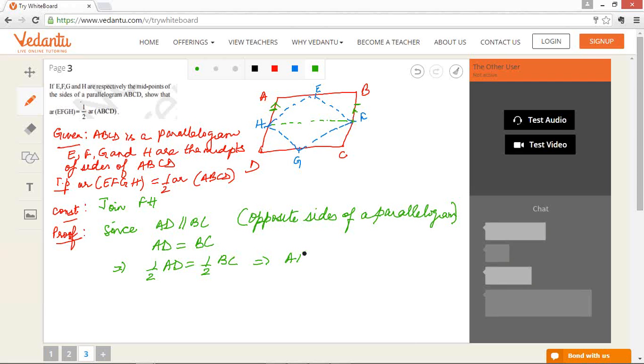So this will give us AH equal to BF, and also they are part of the parallel lines, so AH is also parallel to BF. Therefore, ABFH is a parallelogram. So the very first thing, ABFH is a parallelogram.